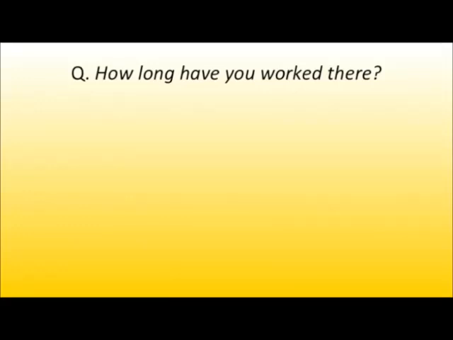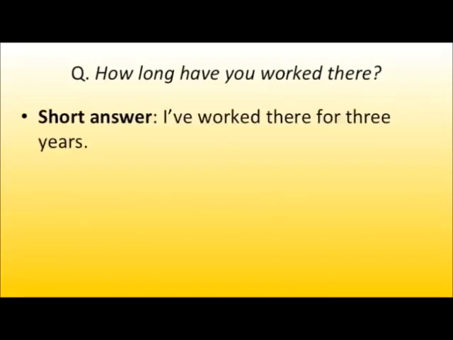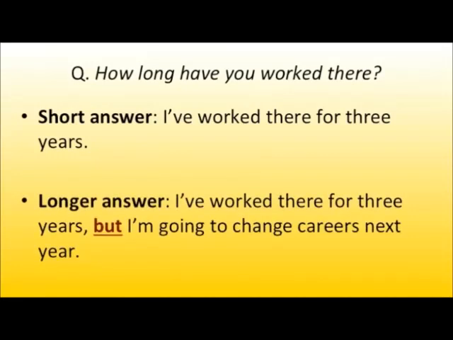The short answer to this could be, I've worked there for 3 years. Instead, you can have a longer answer by using the word but and adding a contrasting detail, such as, I've worked there for 3 years, but I'm going to change careers next year.